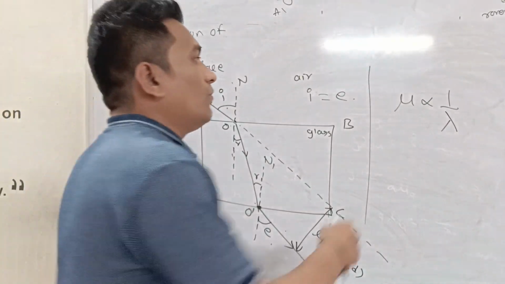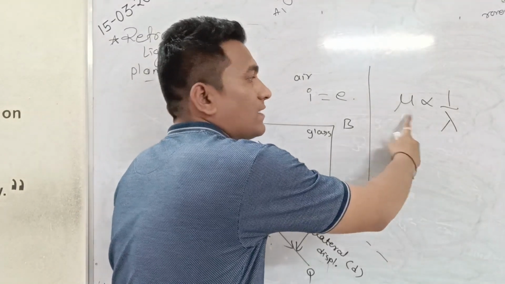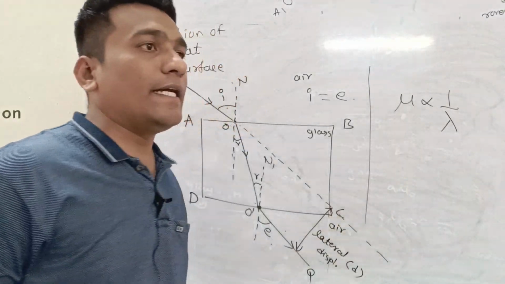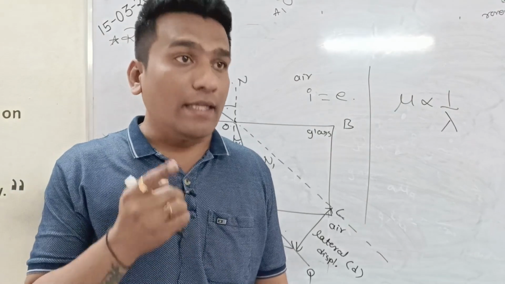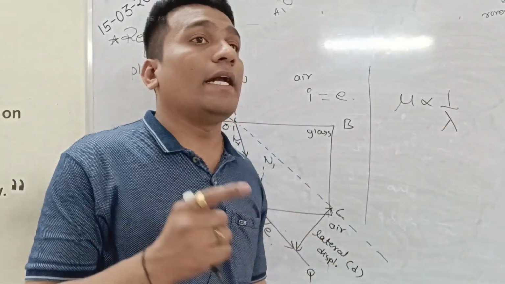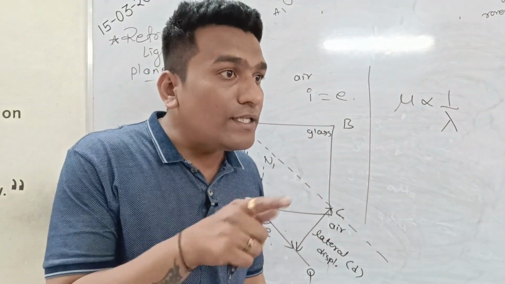So the more the wavelength, the less the refractive index; the less the wavelength, the more the refractive index. It doesn't mean that the refractive index is changing.